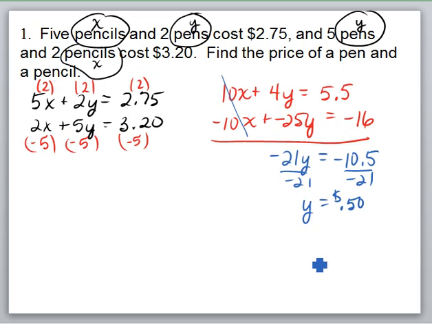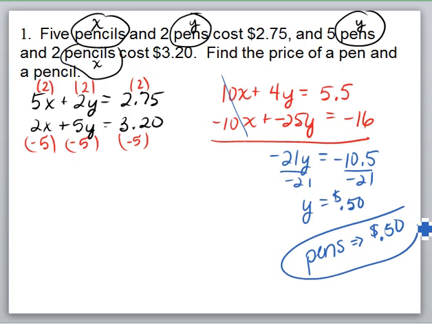That means that my pens, which were y's, are 50 cents each. Now I'm supposed to figure out the price of the pen and the pencil, so I need to take that value and plug it back into the first equation.